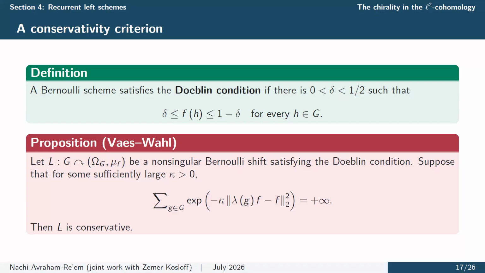I do want to construct it so it is conservative, so it demonstrates dynamically meaningful behavior. One can think of conservativity this way. So I can use this criterion to go back to the left scheme definition that I said and try to cook up a left scheme which satisfies this extra recurrence condition.